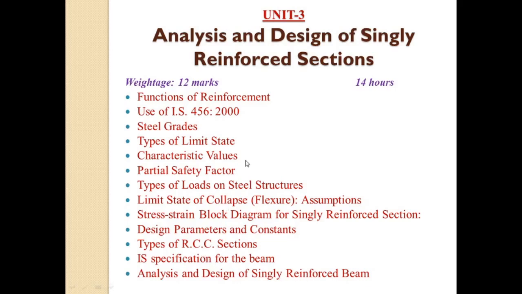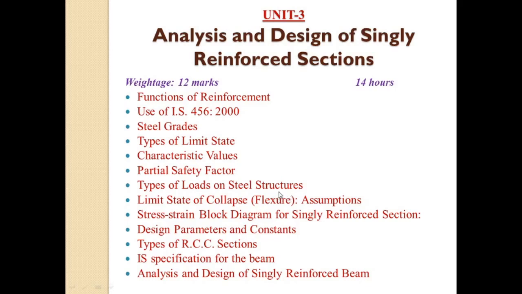Okay, so after studying all these points, the student should be able to choose the partial safety factor as laid in the IS provision for the given situation, or explain the different types of loads acting on the RCC structure, then describe the procedure used for the limit state method of design of RC members. Then they should be able to calculate the ultimate moment of resistance for the given type of sections.